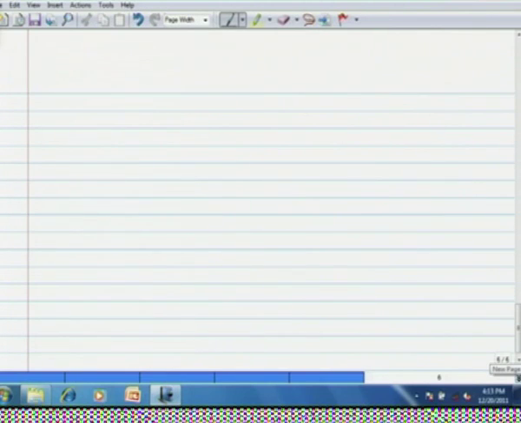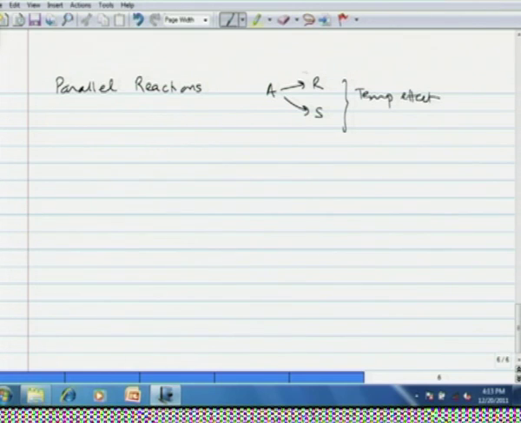In some cases, the temperature effect comes into the picture. Let us say you have parallel reactions as earlier, A goes to R and A goes to S. Now, how can we shift the product distribution by shifting temperature? Let us say the rate constants of the reactions are K1 and K2, K1 for the desired process and K2 for the undesired product.